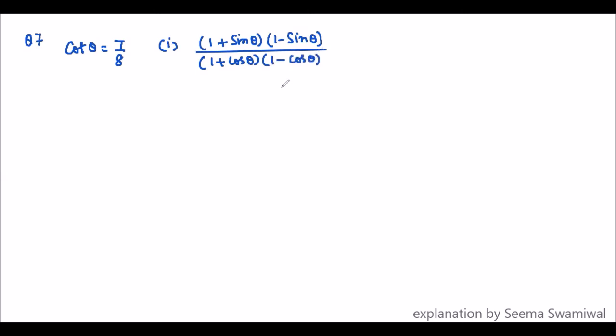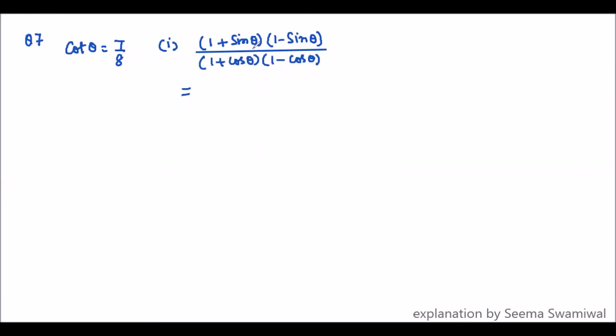Children, this question can be done in 2-3 manners, but since you are a beginner, you will start with whatever you are easily able to notice here. First of all, in one bracket you see 1 plus sine theta, and 1 minus sine theta.